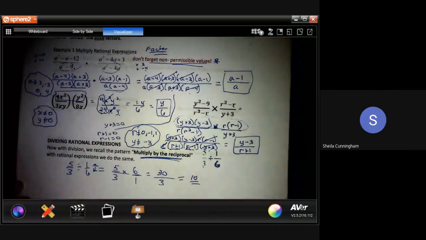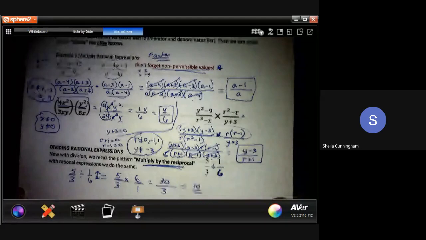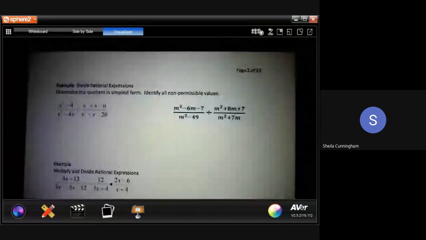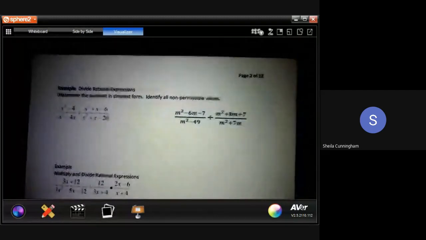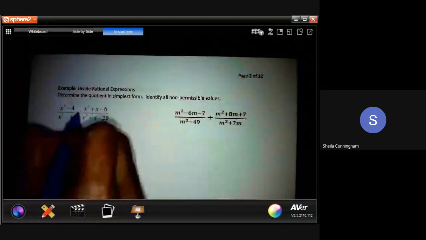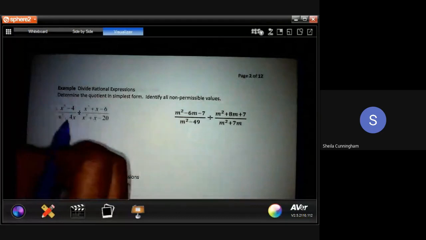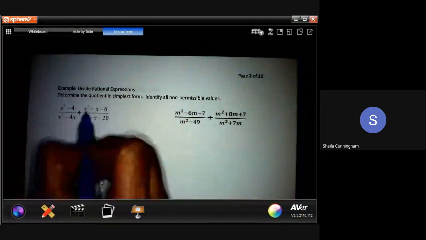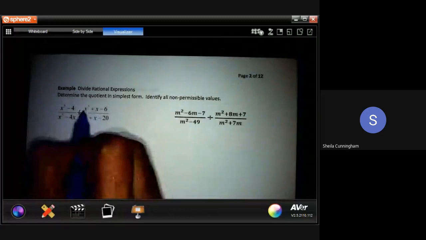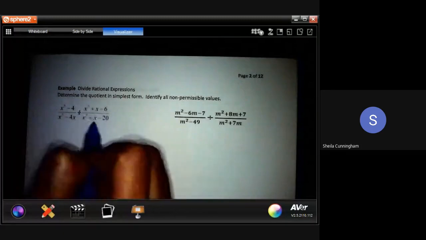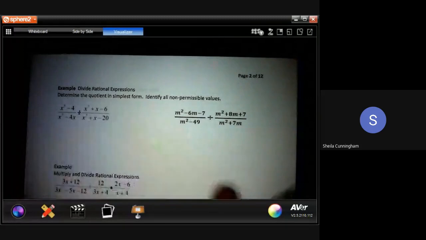We use that same process now for our rational expressions. So let's try a couple of these. You've got x squared minus 4 over x squared minus 4x, and we're dividing by x squared plus x minus 6 over x squared plus x minus 20.